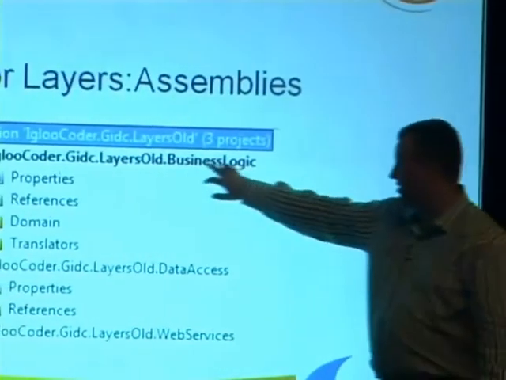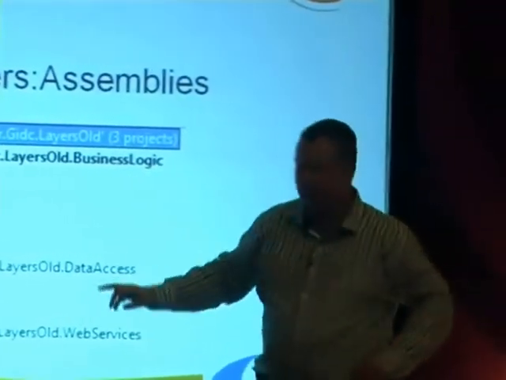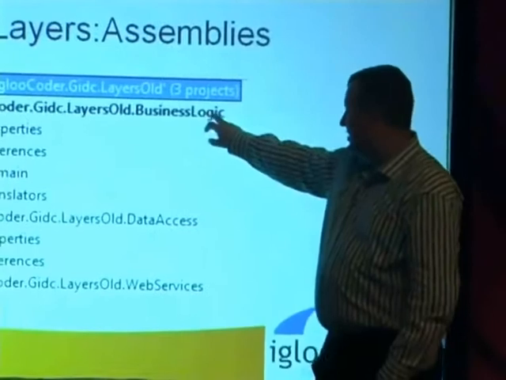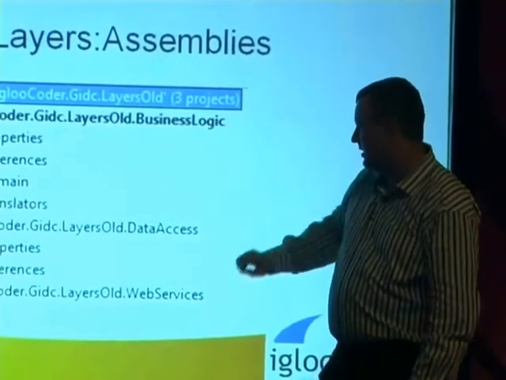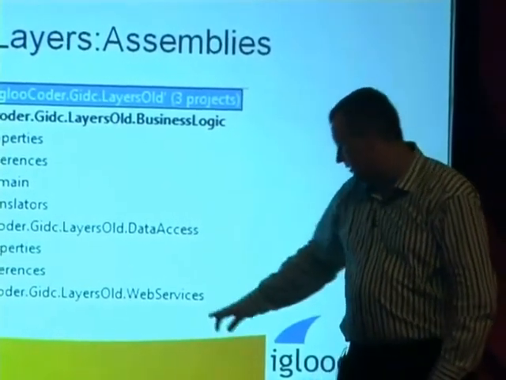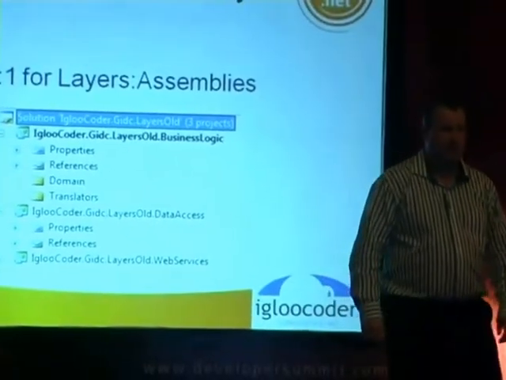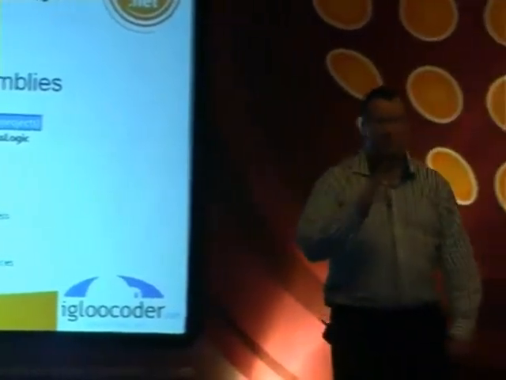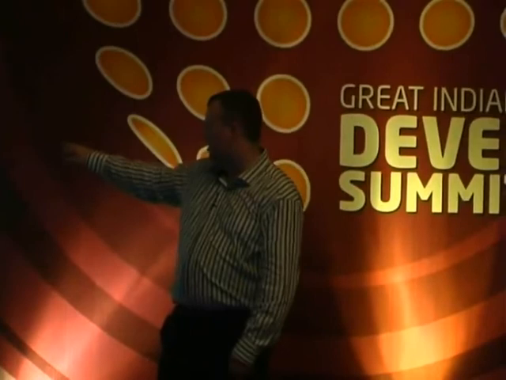Okay, so what we've got here is our business logic. You've got your business logic project, you've got a data access project, and you've got a web services project. 3 projects. Business logic project has a domain, it has translators. Data access will have a whole bunch of stuff in it, right, for managing your connections, all that kind of stuff.